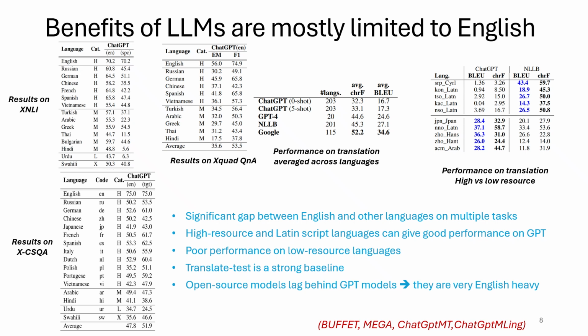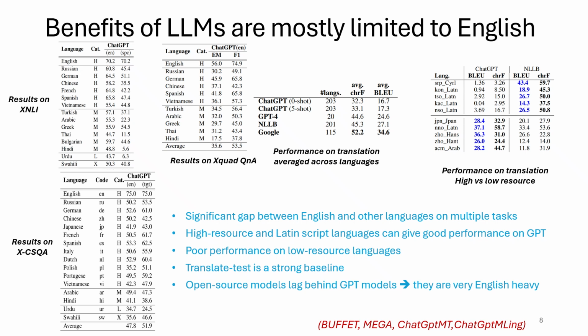So, just to put this in perspective and in terms of some quantitative numbers, the benefits of all these LLMs have been mostly limited to English. If you evaluate, for example, ChatGPT and its performance on different languages, you can see that the English performance is much better than any other language. In this slide, you can see results on the natural language inference task, which is a classification task, CSQA, which is a common sense question answering task, and XQuAD, which is again a general purpose question answering task.